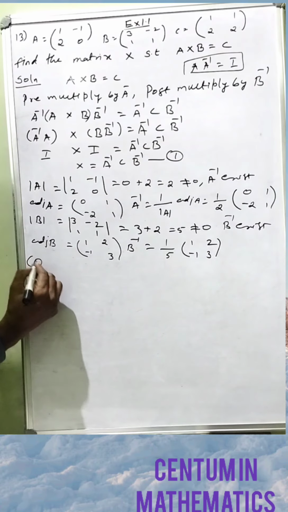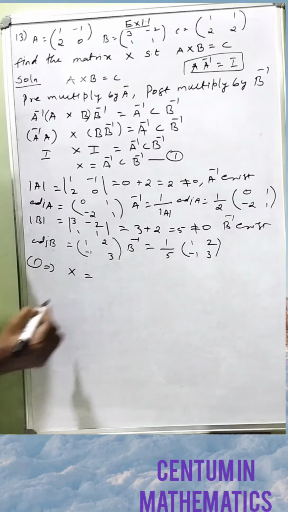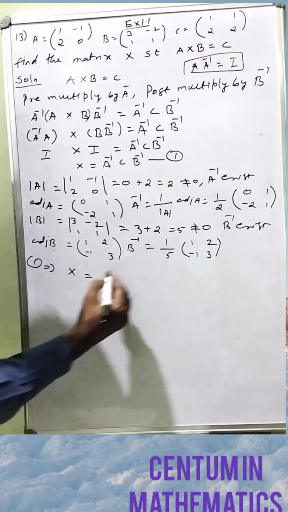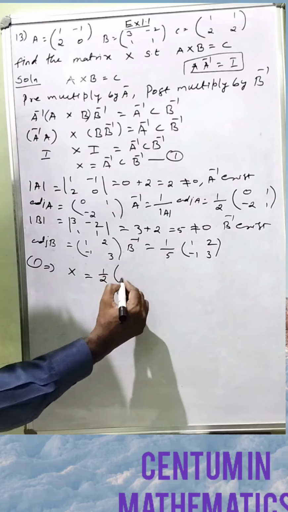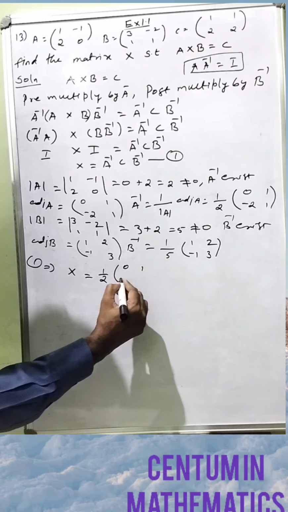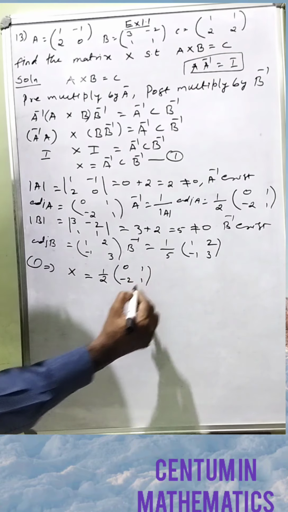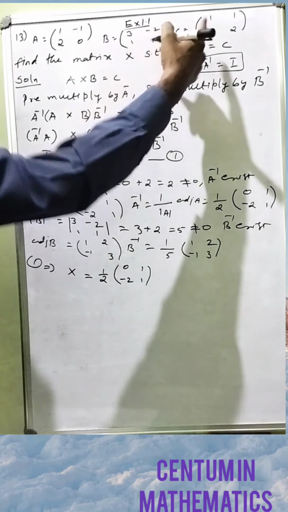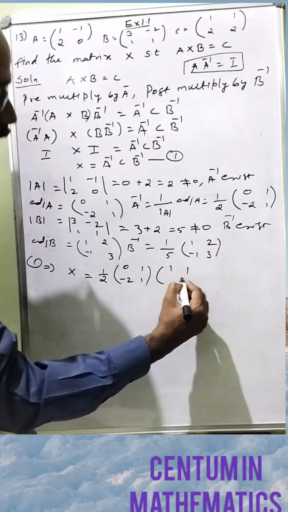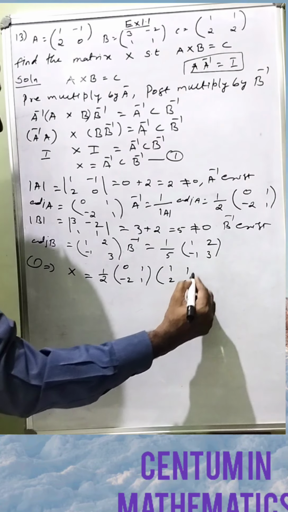So 1 implies X equals first A inverse, 1 by 2, 0, 1, minus 2, 1. Okay, A inverse C, given matrix 1, 1, 2, 2.